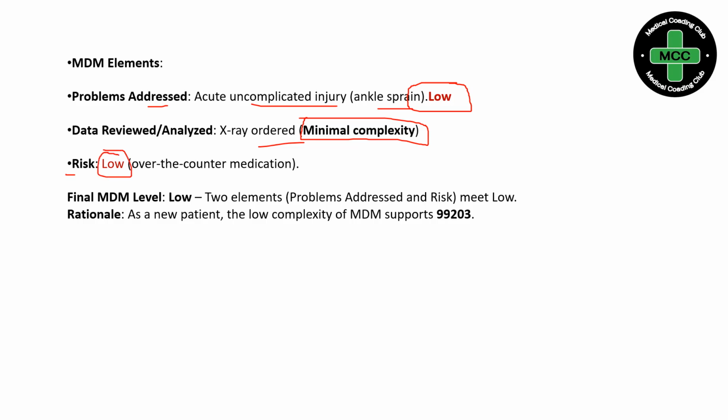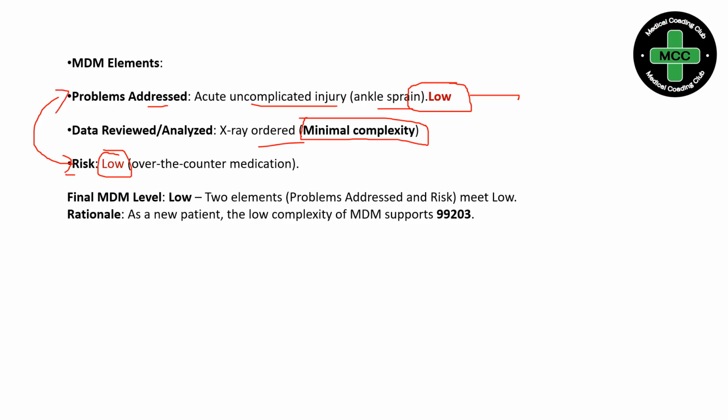Okay, so we got all the three MDM elements. Now let's apply the coding guideline and we'll reach the final MDM level. Our coding guideline says we must take the two elements which are meeting. So in this case, low, that is problem addressed, and risk, both are meeting low level.